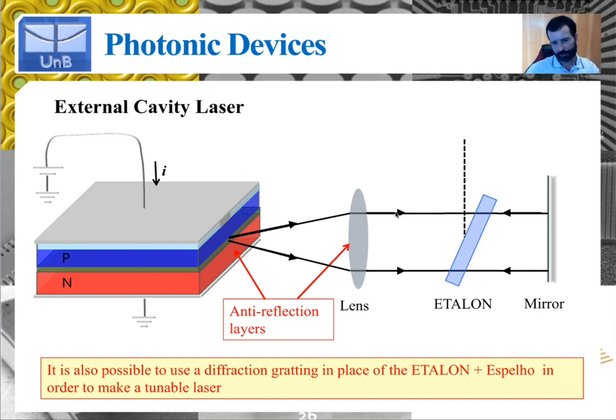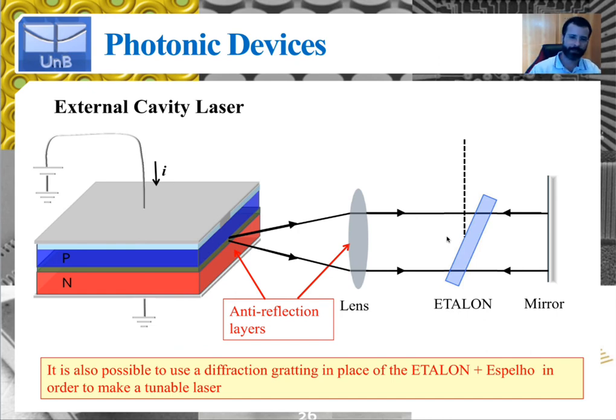But so light passes through the cavity and is reflected by an additional mirror here. So you see that we have an external cavity, which is the etalon itself. So the light is reflected by the mirror and then passes through the cavity again and then returns to the laser internal cavity. And therefore light is propagating through both cavities and suffering multiple reflections.